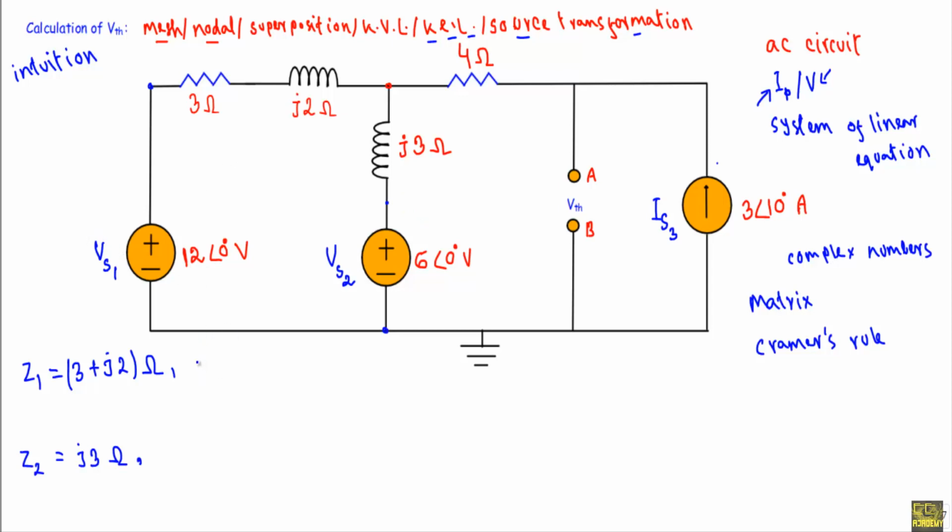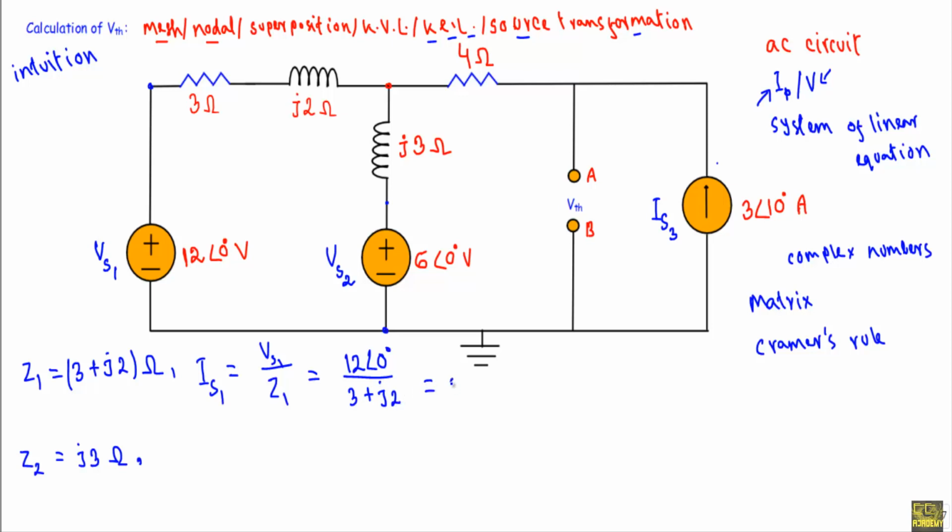Now see, using the source transformation theorem we can convert this voltage source to a current source. Let's say I am denoting that current source with IS1. IS1 will be equal to VS1 over Z1. Here VS1 is equal to 12 with phase angle 0 degree, and Z1 is 3 plus J2.